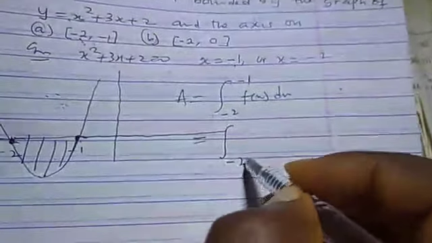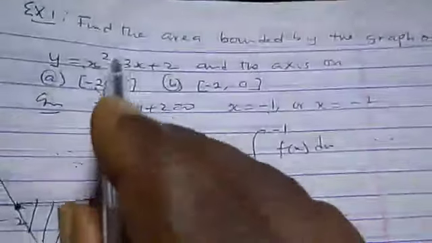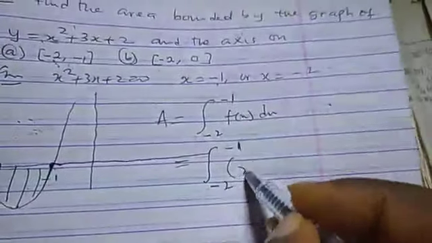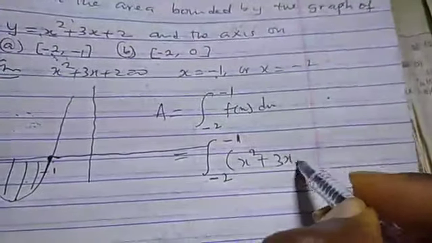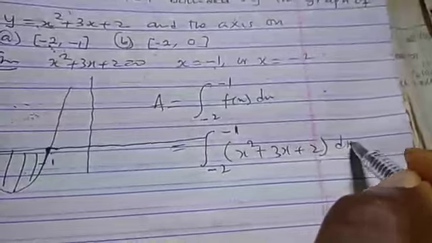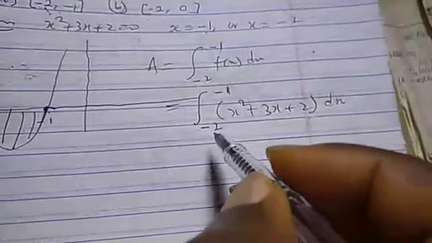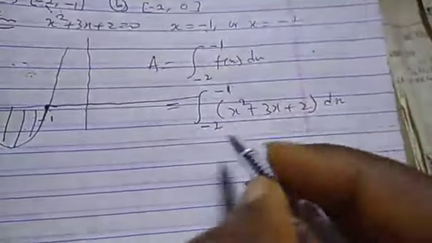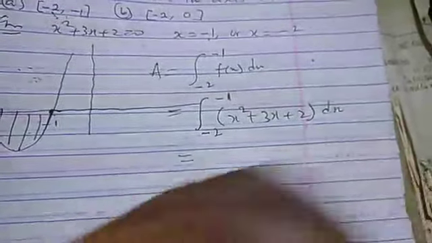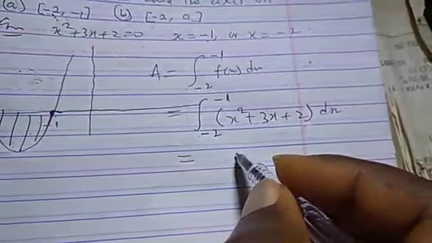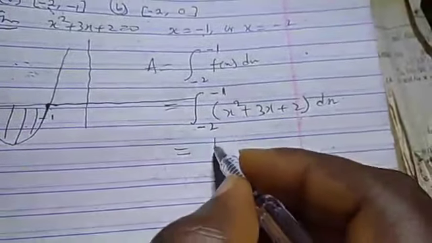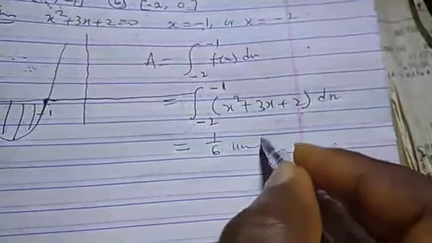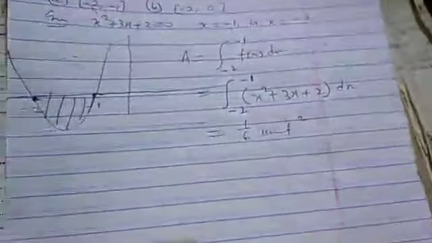This is our f of x, that is s squared plus 3s plus 2 dx. I don't need to teach you this. I'll just give you the final answer. When we do it, you are going to have 1/6 units square. You should be able to do this.